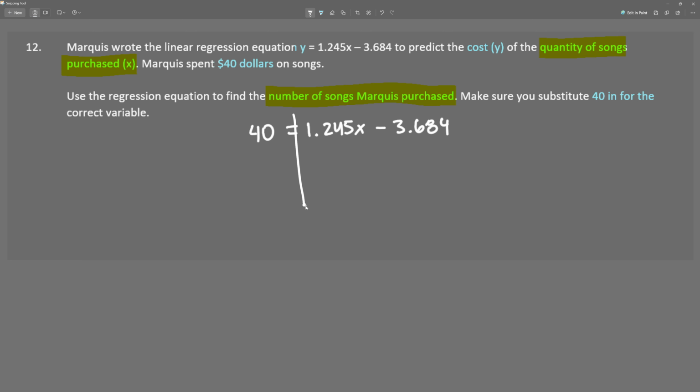Now, plugging in numbers for x is typically a little bit easier, just in my opinion. The algebra is not quite as annoying and difficult. In reality, it's hardly even algebra once you plug in for the x. For this one, we're solving for a variable, so it's a little annoying, but I always like doing algebra.